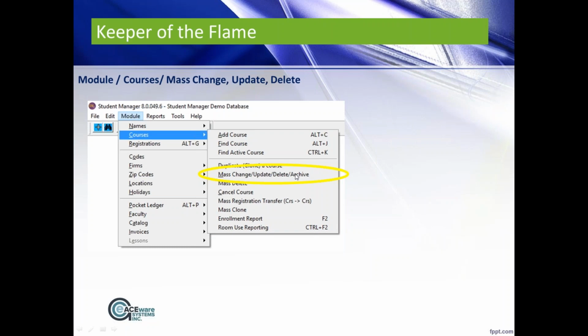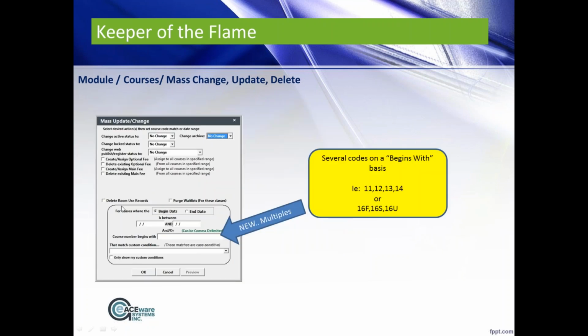Okay, the mass approach. You can go into a single course at a time, but normally if you're doing multiple courses, you only need to do it every month or every quarter. Once it's done, move it on to the past. The tool, Courses, Mass Change, Update, Delete, Archive, gets you to a Mass Update Change tool where you can type in courses where the begin date is within a date range, or course number begins with, or some special criteria.